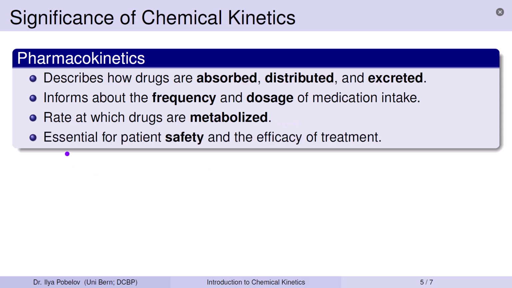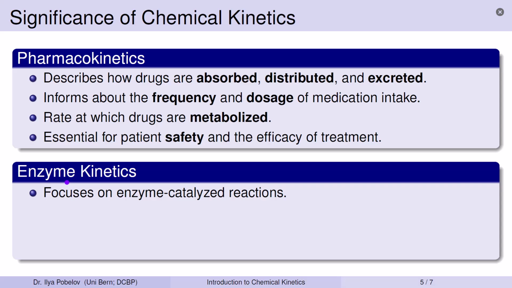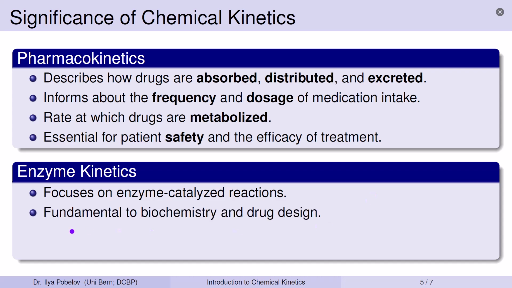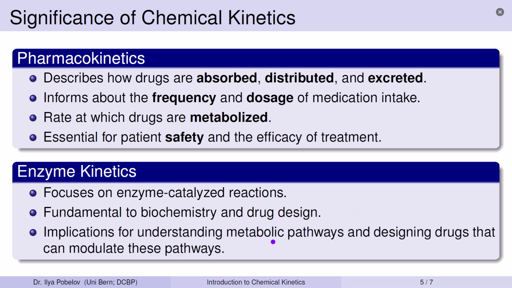This is essential for patient safety and the efficacy of treatment. Enzyme kinetics is another important area focusing on enzyme-catalyzed reactions. This branch is fundamental to biochemistry and drug design, with implications for understanding metabolic pathways and designing drugs that can modulate these pathways.